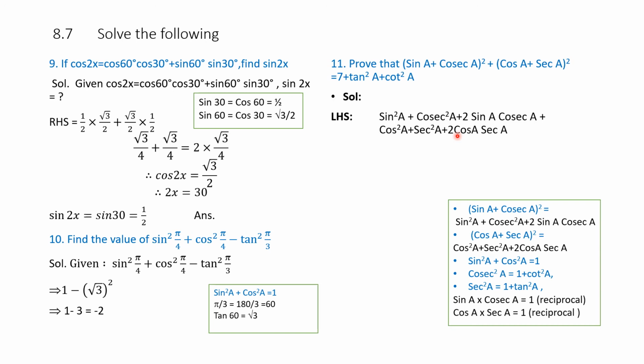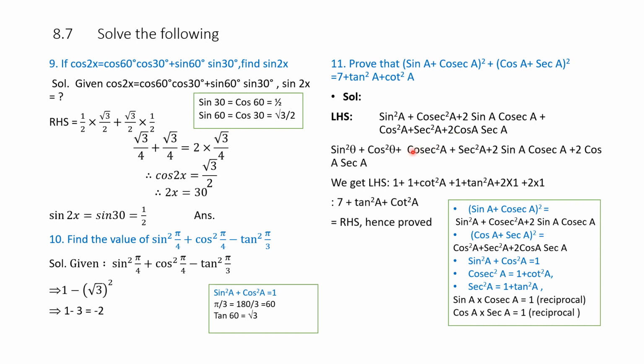Substituting these values, the left hand side is equal to 1 plus cot squared A plus 1 plus tan squared A plus 2 into 1 plus 2 into 1, that is 1 plus 1 is 2, plus 1 is 3, plus 2 is 5, plus 2 is 7. This tan squared A as it is and cot squared A as it is. Hence it is proved: 7 plus tan squared A plus cot squared A.